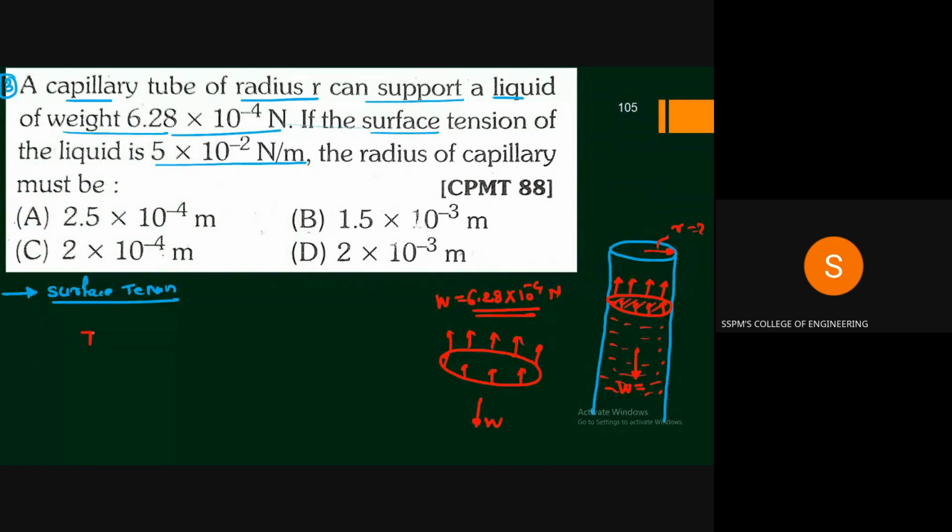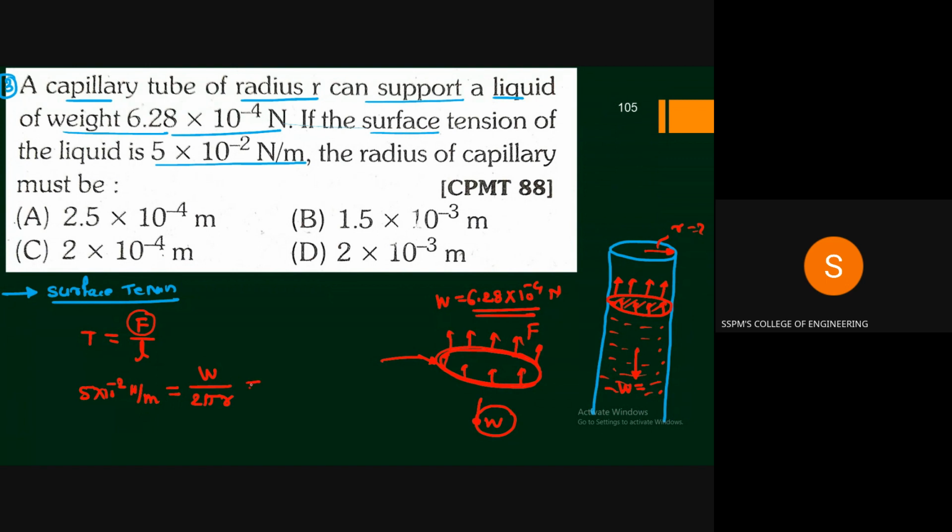So if I write the equation, surface tension is equal to force per unit length. Surface tension is given as 5 into 10 to the power minus 2 Newton per meter. This force must be equal to the weight supported, that is the weight of the liquid, divided by the length. Length means the total length in contact with the glass, which is the circumference, equal to 2 pi r.